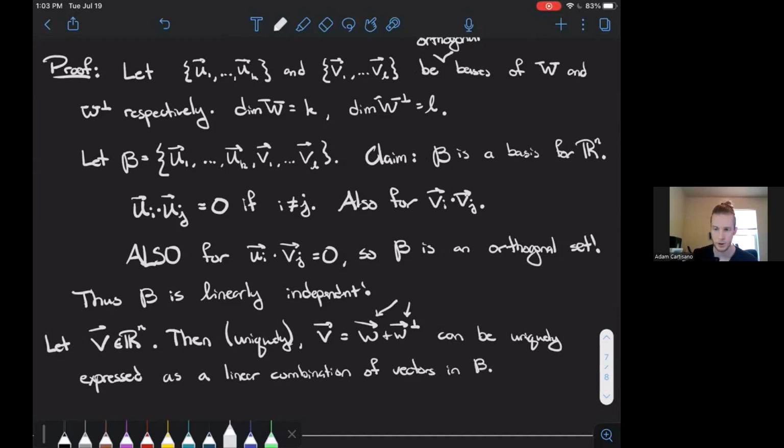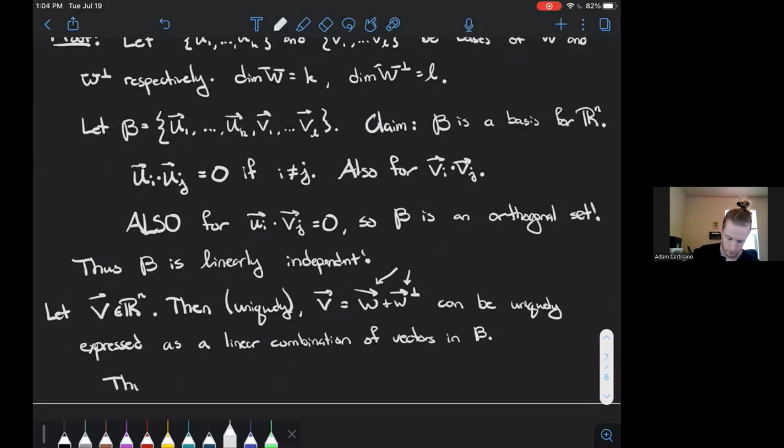But since V was chosen arbitrarily, V was any vector in Rn, we say thus span of B is Rn. So B is a linearly independent spanning set for Rn. So B is a basis for Rn.